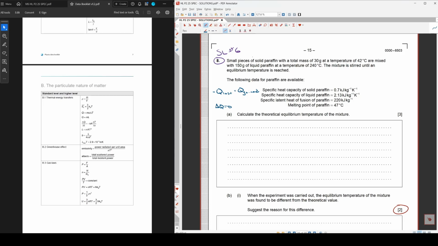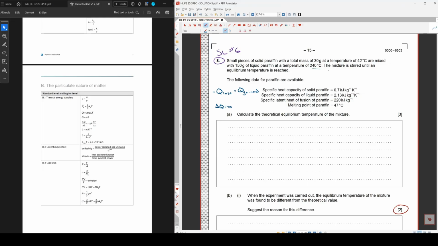Okay, so what's losing energy versus what's gaining energy? Well, the losing energy is maybe a little easier. So I'm trying to picture what happens. I have like cool wax mixed with hot wax, and you stir it until equilibrium's reached.